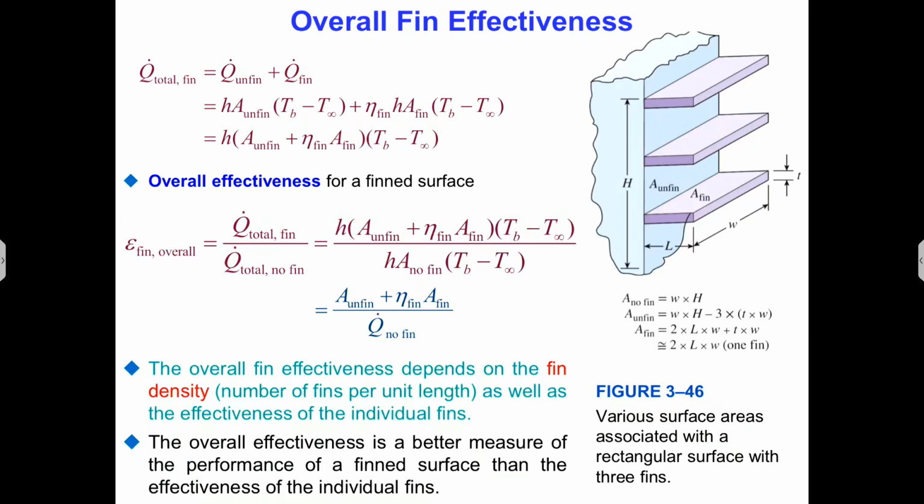Then let's move to the total fin effectiveness. So if you have several fins, then we only talk about one fin of it, but usually in a fin system, it's not possible we have only one fin. It will be multiple fins put together. And how can you measure the overall fin effectiveness?